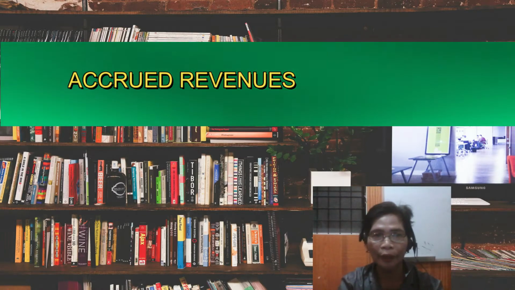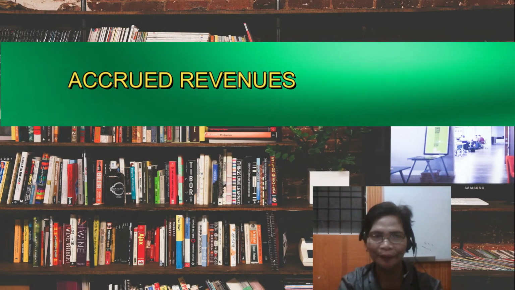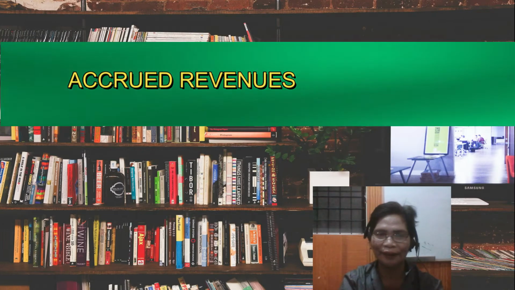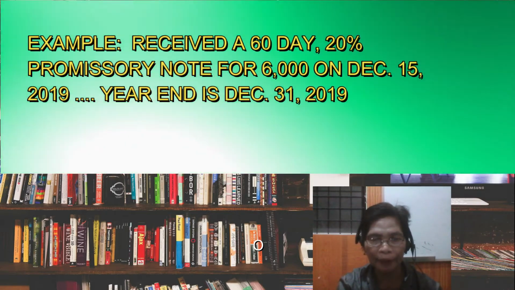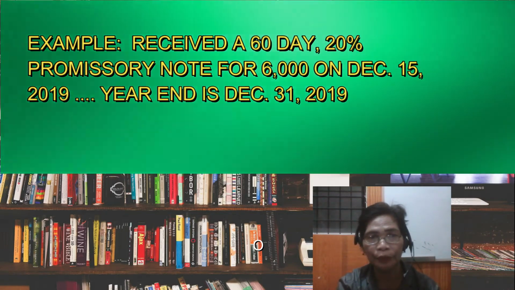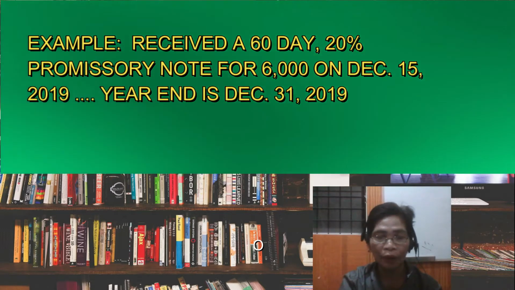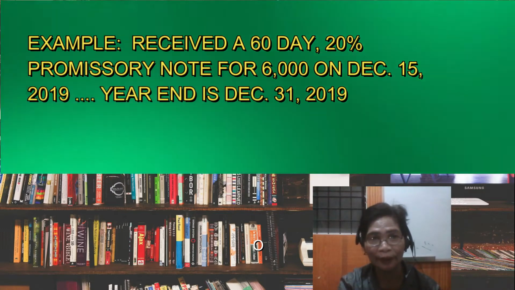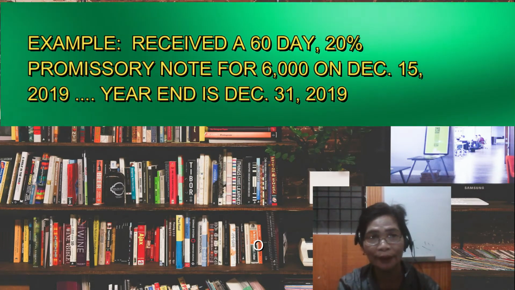Okay, let us move now to our example. An example of an accrued revenue is accrued interest income. Say, for example, the company received a 60-day promissory note for 6,000 on December 15, 2019. The ending period is December 31, 2019.